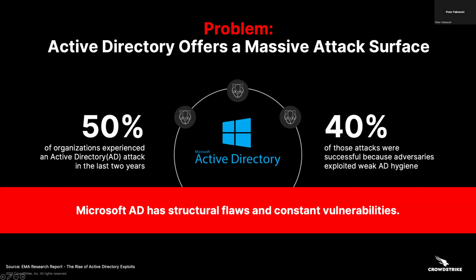According to some of the data that we're collecting, of organizations that experienced an Active Directory attack in the last couple of years, 40% of those attacks were successful because attackers are just exploiting weak hygiene.